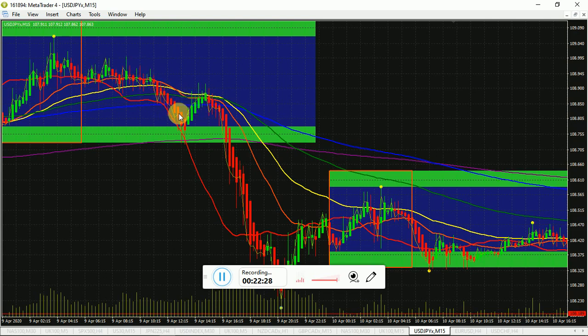So what happens is that if the market has shown a high resistance spot here, and then it decides to push up like that, it will have left that high spot there.